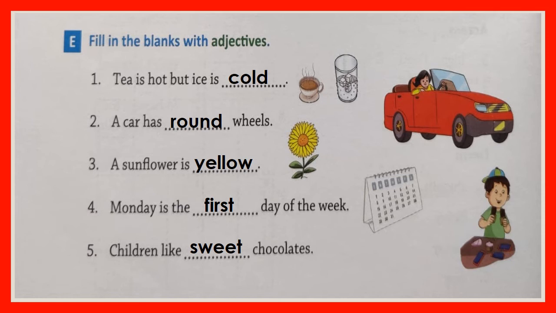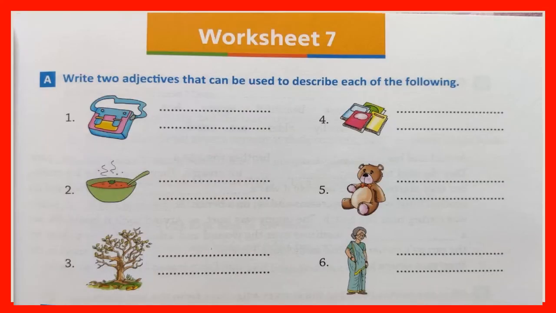Now we will go to the next exercise, which is on page number 37. Let's open page number 37. Exercise A. Write two adjectives that can be used to describe each of the following.